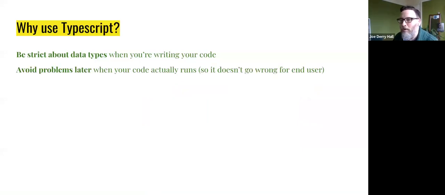It will also avoid problems later. I don't think you'll get a full sense of this in all the examples we're looking at today, because we're going to stick quite simple.